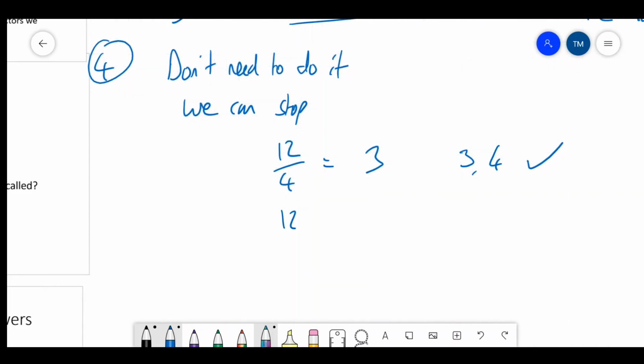And then 12 divided by 5 is not a whole number. 12 divided by 5 gives a result of 2.4.